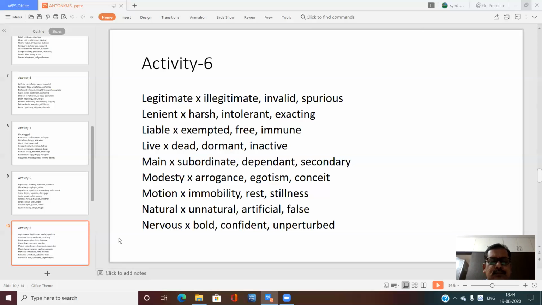Natural. Opposite: unnatural, artificial, false. Nervous. Opposite: bold, confident, unperturbed. Unperturbed means not disturbed.